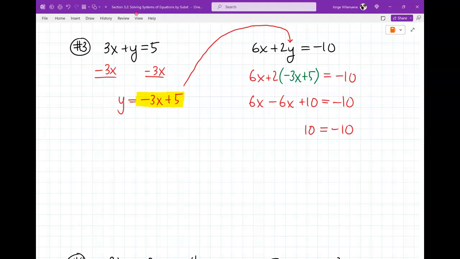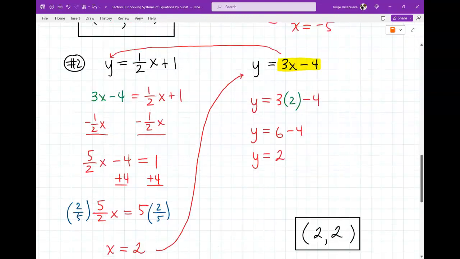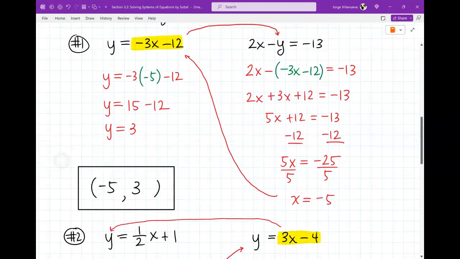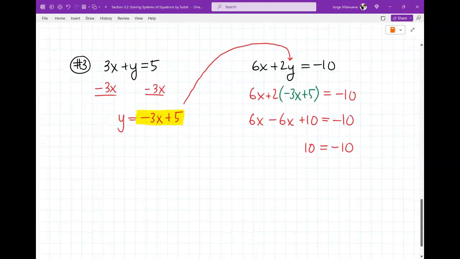Remember, how many types of solutions can I get? 3. You either get one solution, no solution, or infinitely many solutions. The first 2 examples that we did, we got one solution there: 2, 2, and negative 5, 3. What does it look like when you get either no solution or infinitely many?